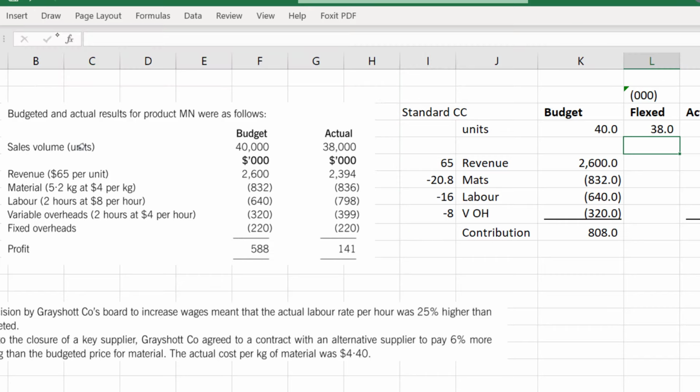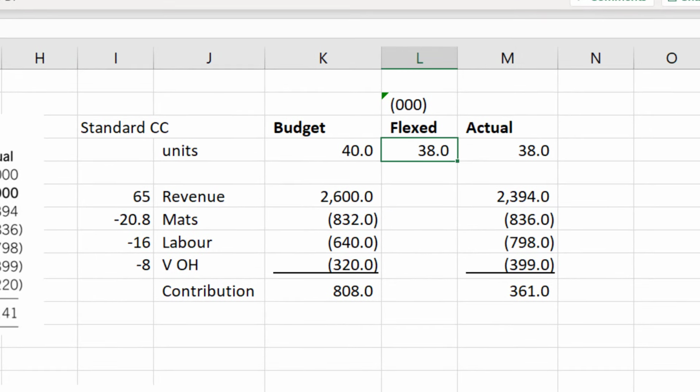Now, the flexed column answers the question, what should happen when we do 38,000 units? So when we sell 38,000 units, that should be 38 multiplied by the standard revenue. We should earn 2,470. When we produce 38 units, it should cost us 20.8 per unit.